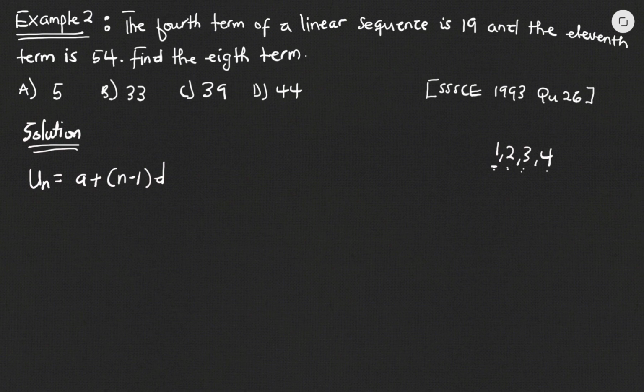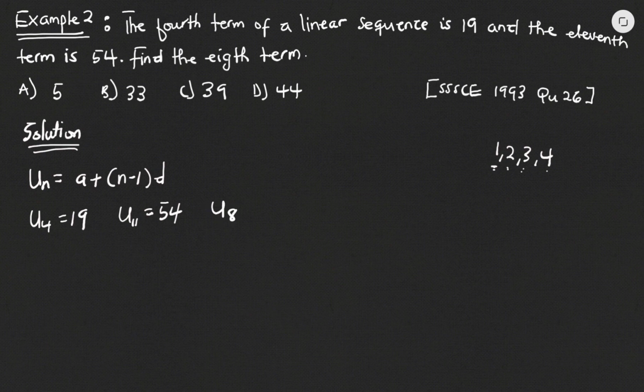So in this case, we're told that U4, the fourth term, is equal to 19, and the 11th term, U11, is equal to 54. And then the question is demanding that we find U8.